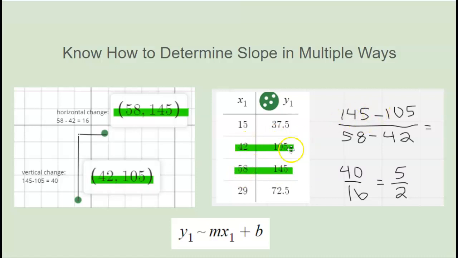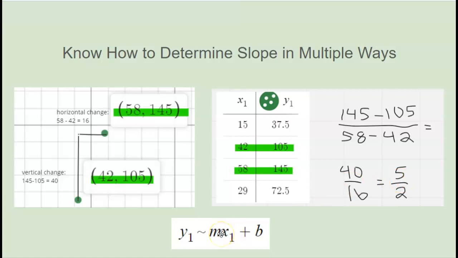And that's what's done here. 145 minus 105, that's the vertical change. And then 58 minus 42, that's the horizontal change, which simplifies to a slope of 5 over 2, or 2.5.